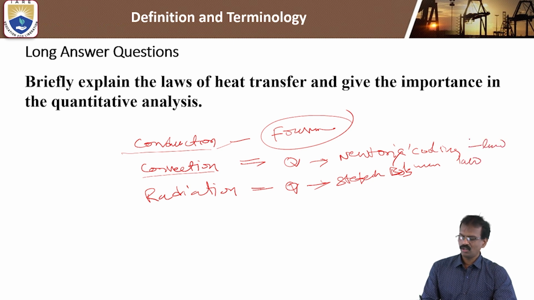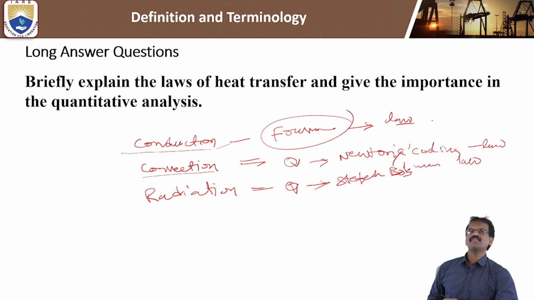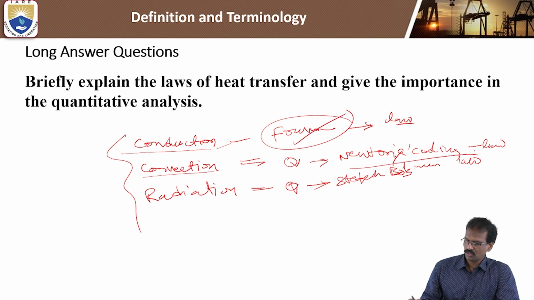So mainly there are three laws to measure the quantitative values of heat transfer in the three modes. The first one is Fourier's law, second one is Newton's cooling law, third one is the Stefan-Boltzmann law.